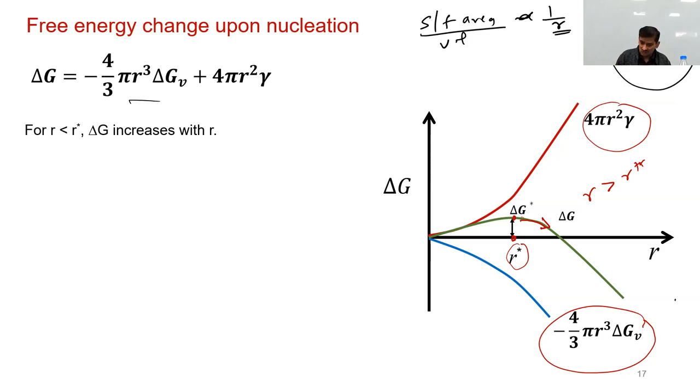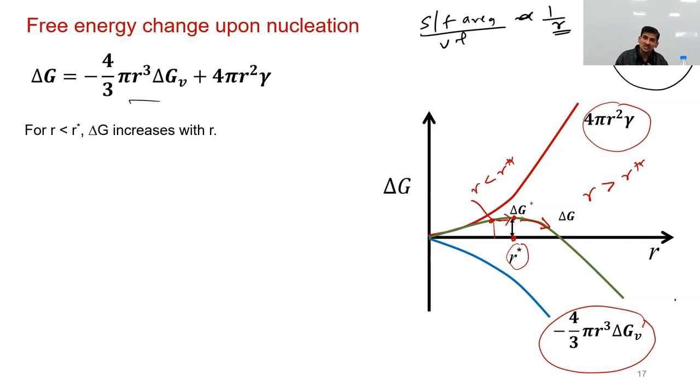But if the reverse were true, if our free energy is over here, say our radius is R less than R star, then any addition of atoms to this smaller cluster increases its radius, and as we can see, the delta G keeps increasing. That is a bit of a problem. The cluster will not find it energetically favorable to increase in size.